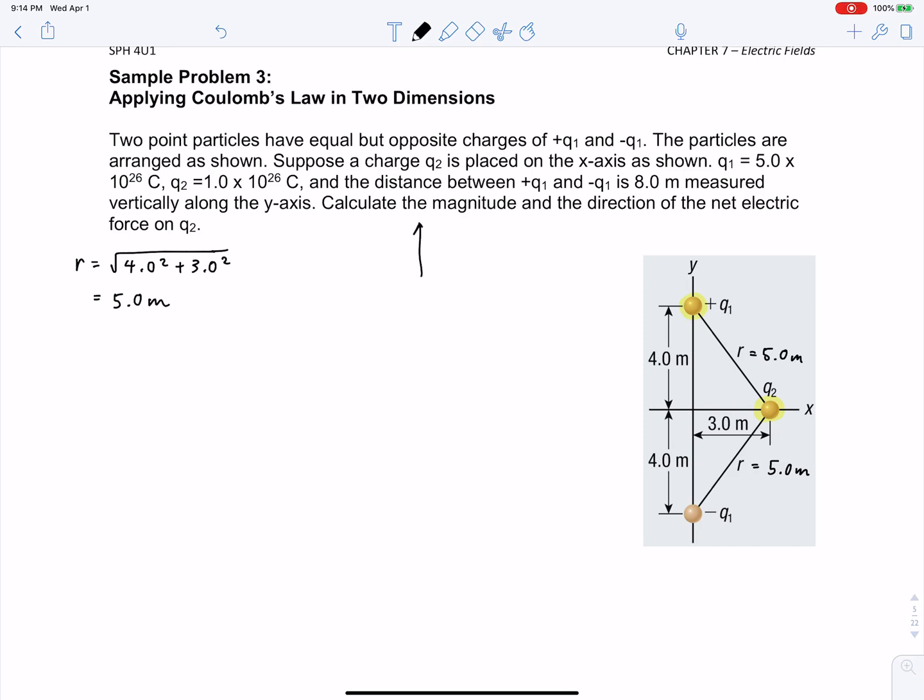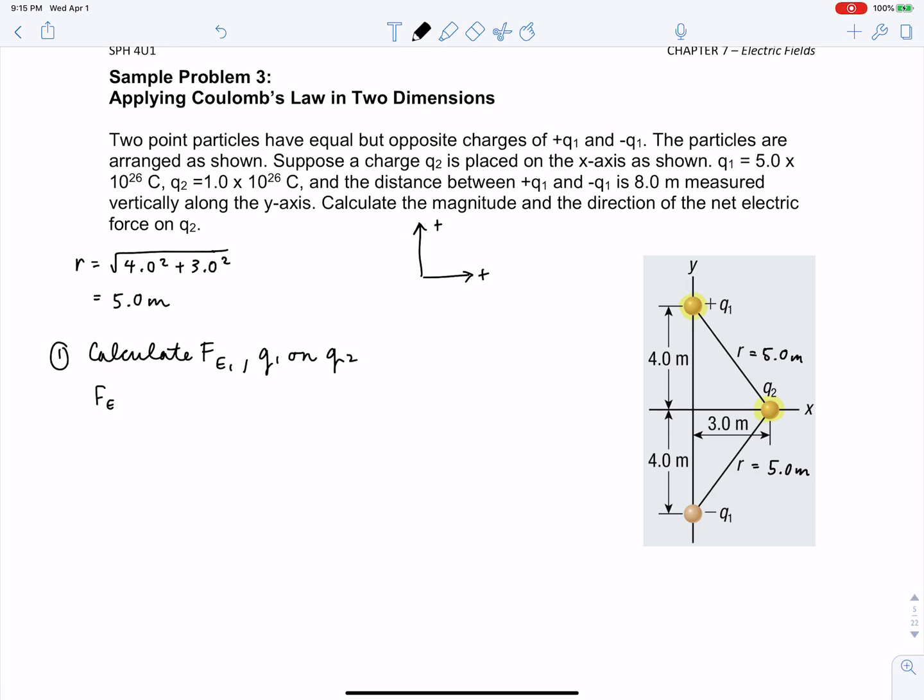I'm going to make up positive and right positive. Our first step is to calculate the force of Q1 on Q2.